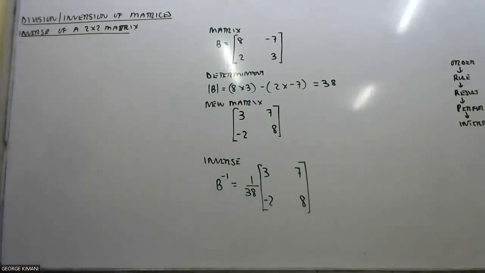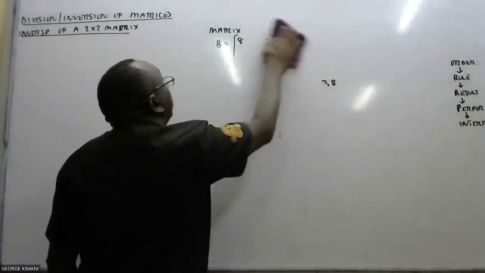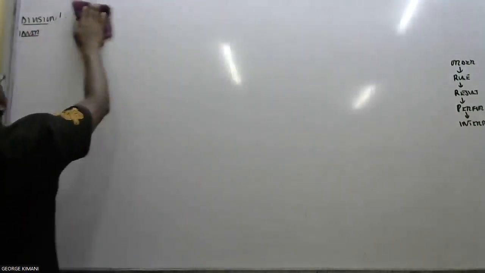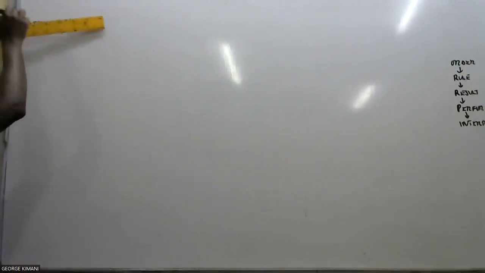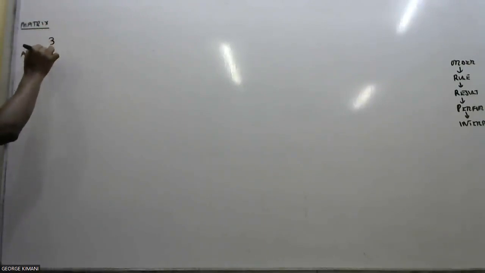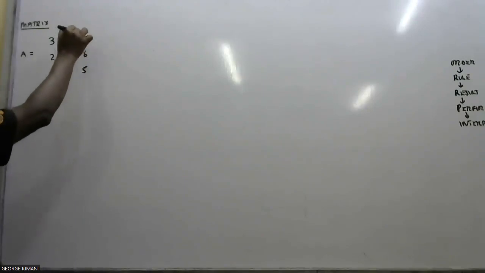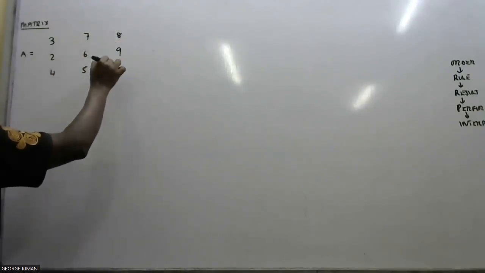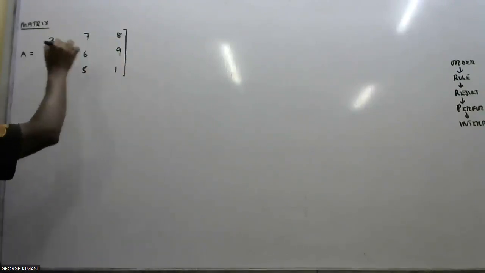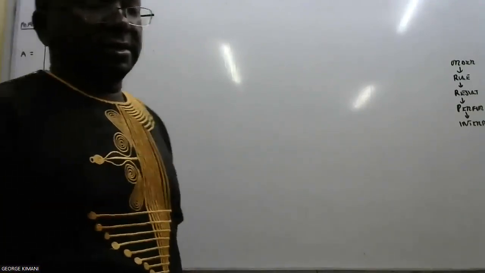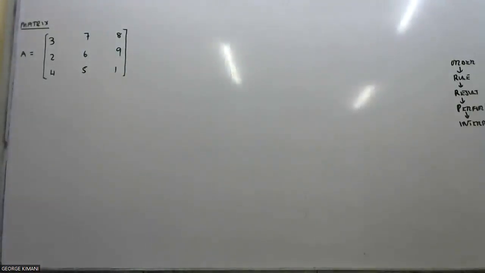Let's now look at the inverse of a 3 by 3 matrix, which we are going to call A. If you are given a matrix like that and they told you to look for the inverse, there are several steps that you take.